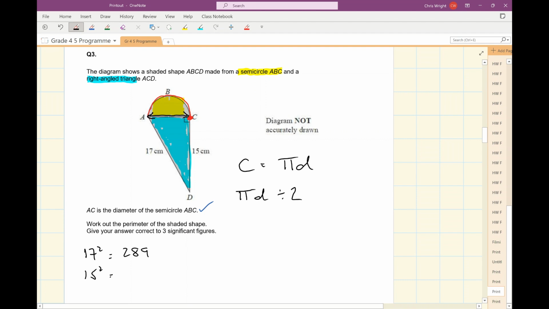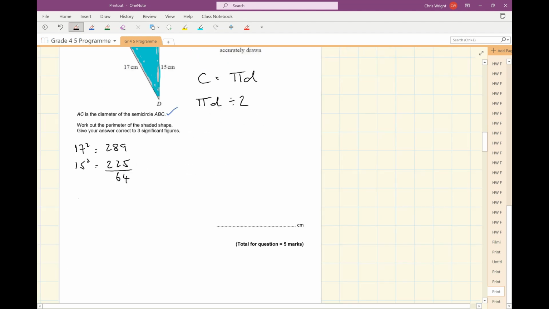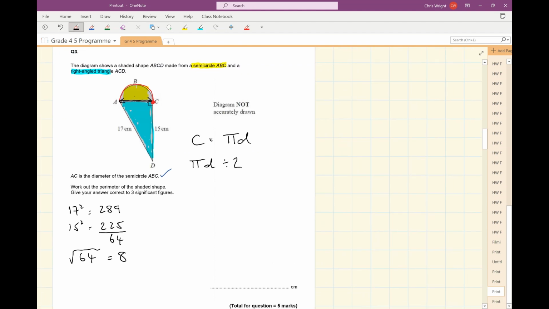Okay, so I'm going to do 289 minus 225 to give me 64, and then I'm going to square root 64, and that is 8, and that is this length here, 8, and that's the diameter, isn't it?